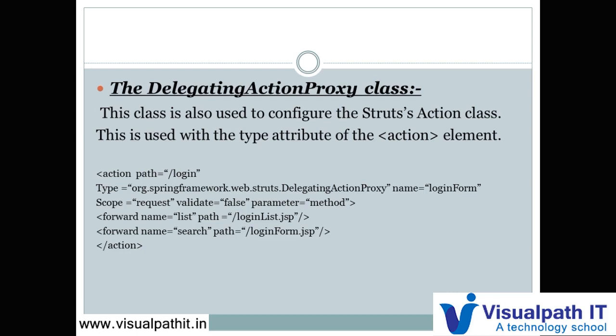We can see the following code snippet: action path equal to /login, with type, scope, and forward name, list or search. Here the DelegatingActionProxy class specifies the Struts action class and accesses a Spring bean contained in applicationContext.xml by using the ContextLoaderPlugin class.